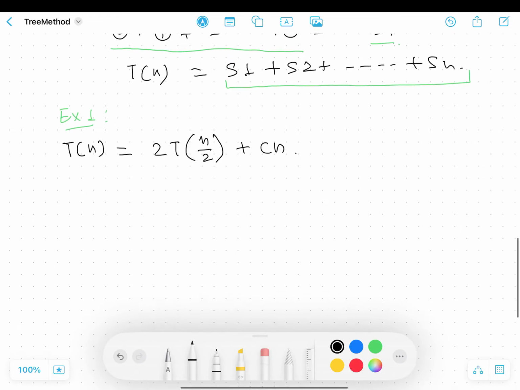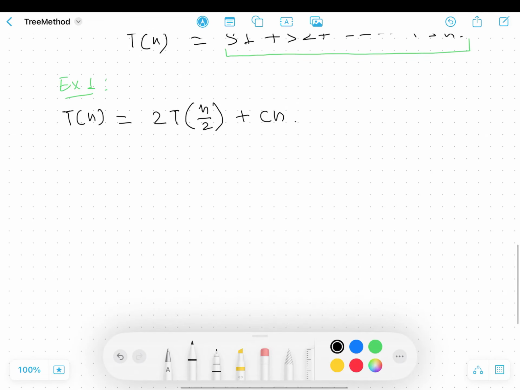So now, in the tree method, we look outside the recursive call and we take the cost outside of the recursive call. So we are going to focus on Cn, where C is a constant, and n is the work which we are doing with every recursive call.